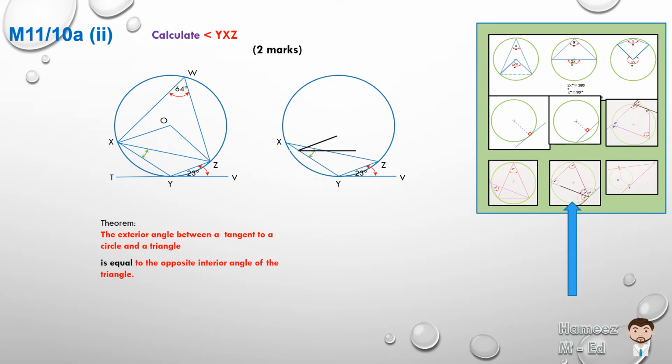So if we slide this across and we rotate it, we can see that they're the same. So angle YXZ is equal to angle VYZ. Thus, angle YXZ is equal to 23 degrees because that is given in the diagram.